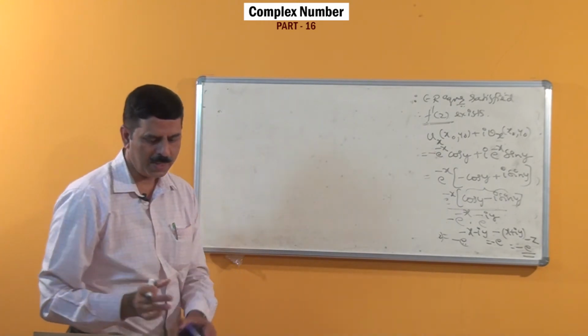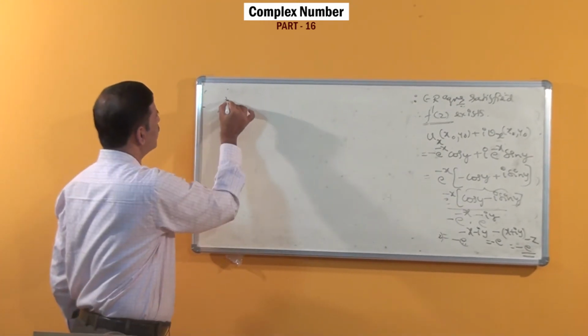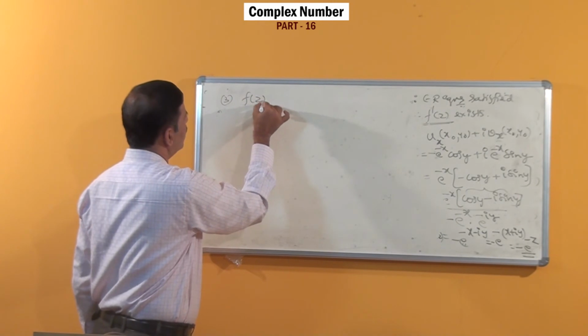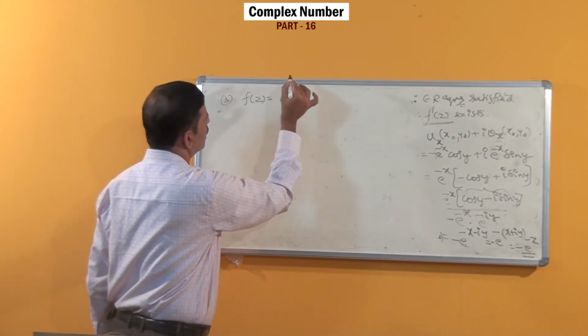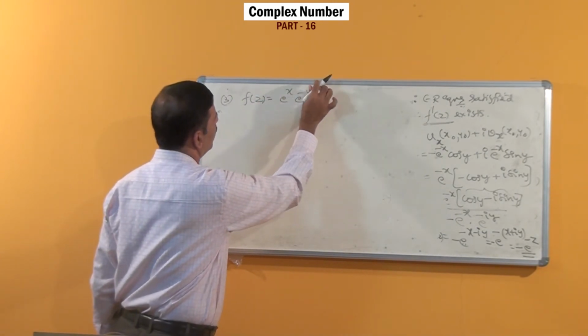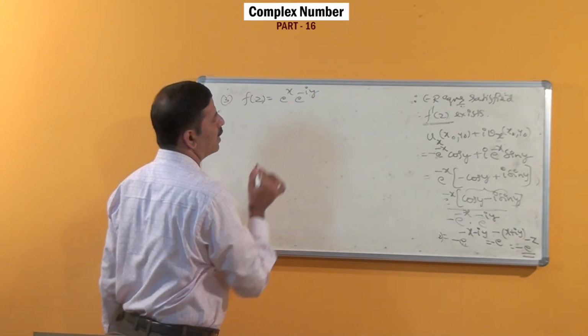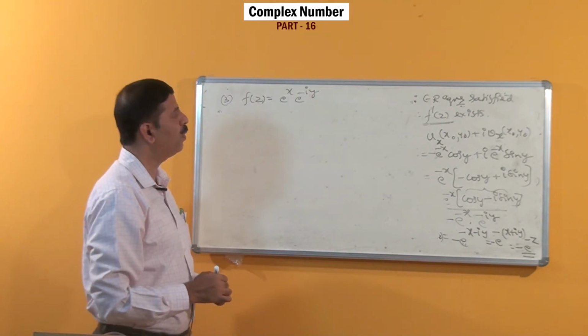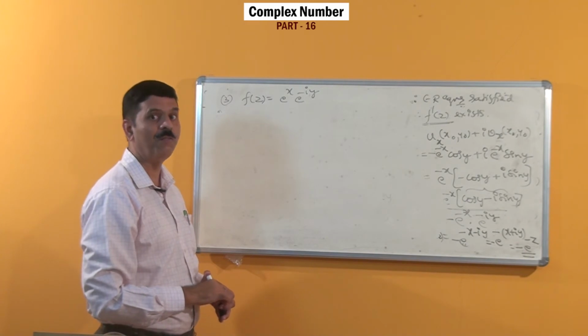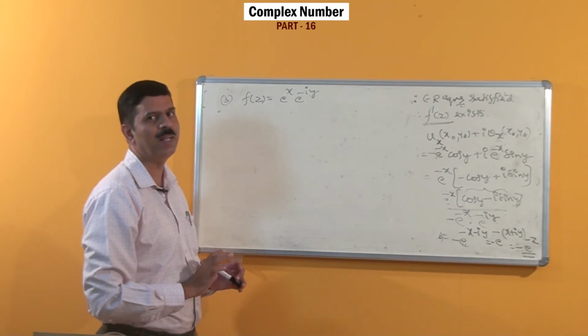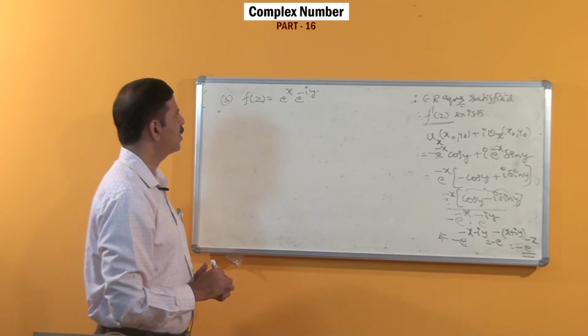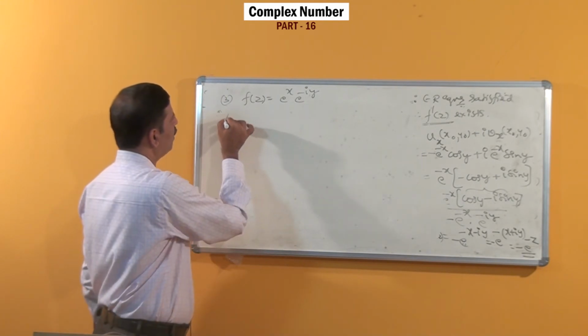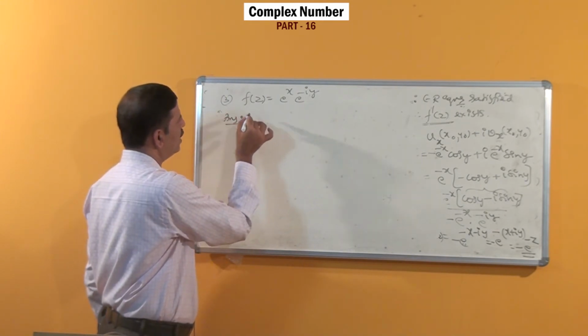Now another example, the third example: f of z is equal to, let me take a slight modification, e power x minus iy, right. Now find the derivative of the function, if it exists, as usual.